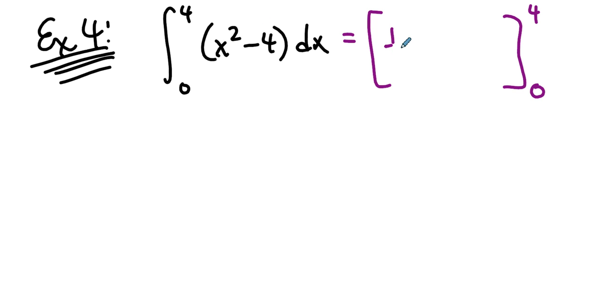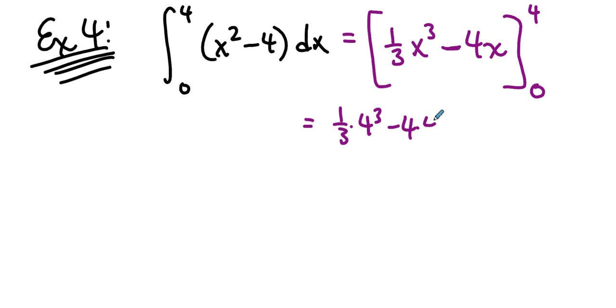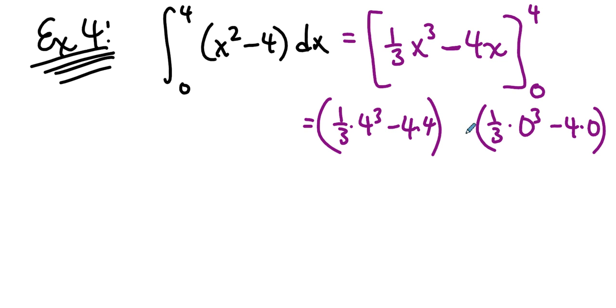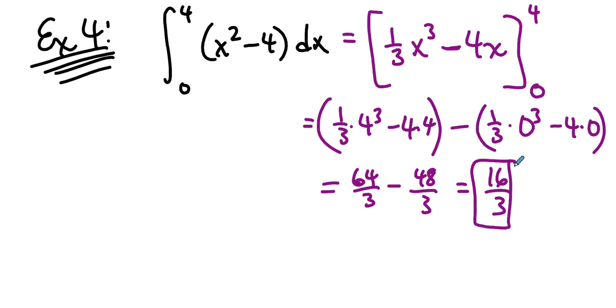And so we're going to substitute the 4, substitute the 0, and subtract those answers. So what's that? That's 64 thirds minus, that's 16, that's 48 thirds, that's 16 thirds.